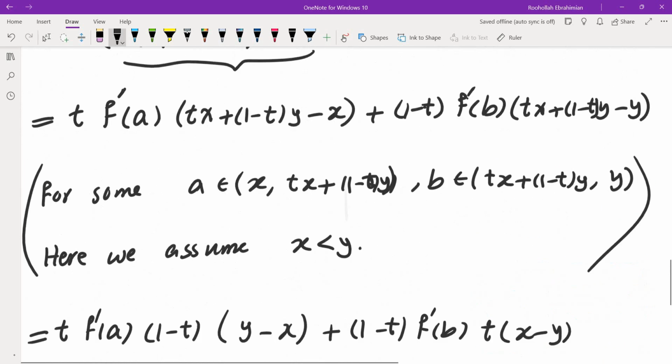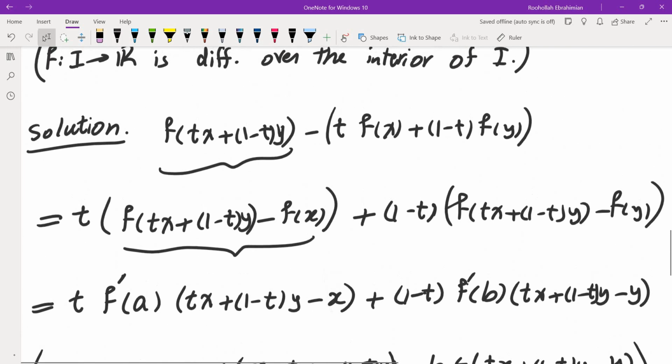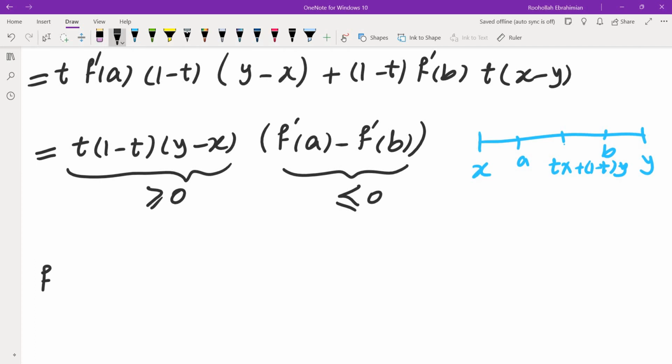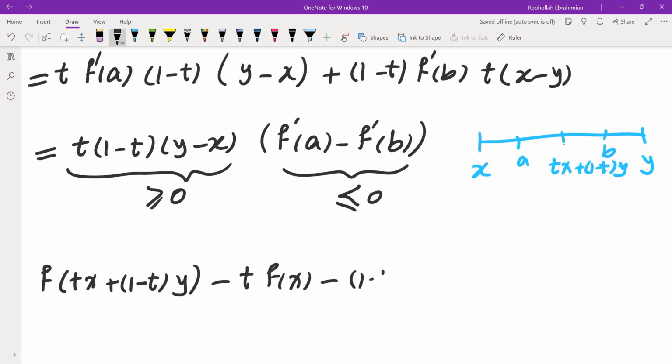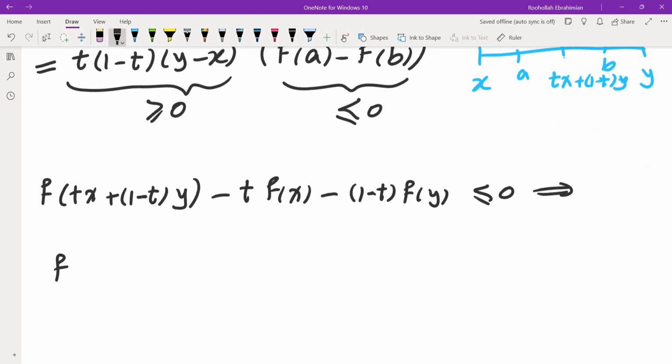So the difference that I had is going to be a negative number. So that means f of tx + (1-t)y minus t f of x minus (1-t) f of y is less than or equal to 0, which means exactly what I want.